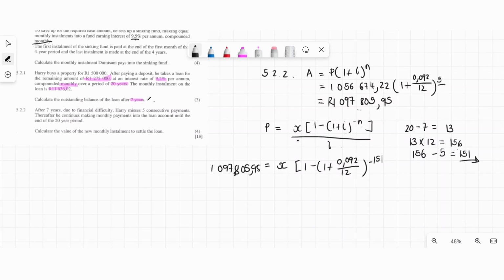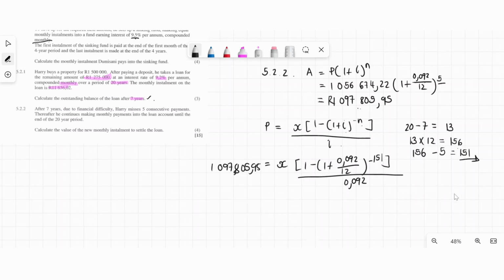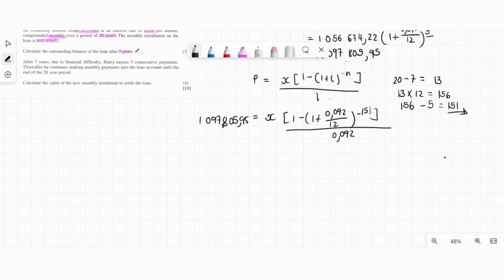Negative 151. Then you're going to take this one divided by 12. Don't forget the 12. Cross multiply it. So it's going to be like this.